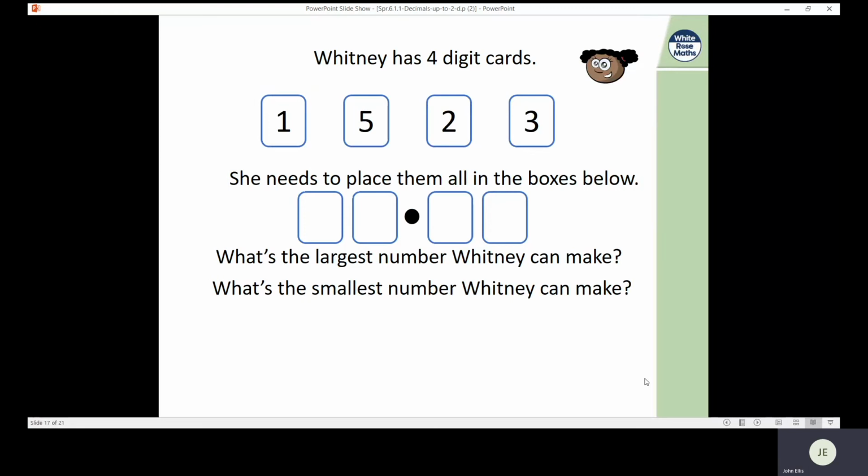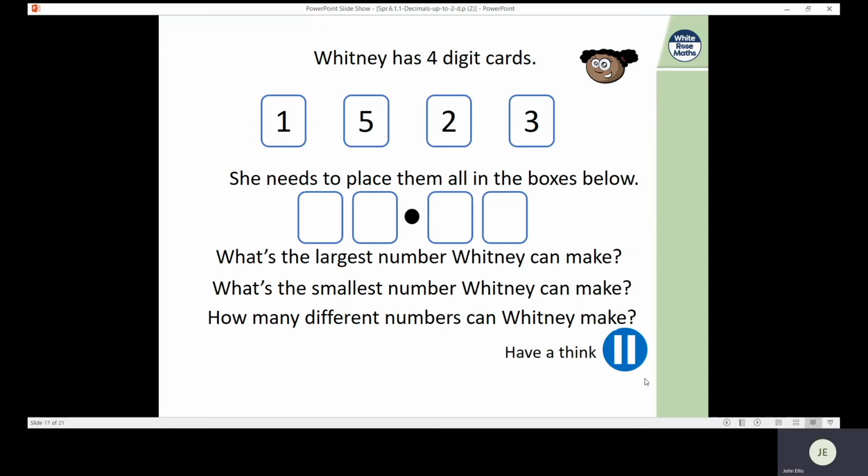What is the smallest number I can make? Okay. The savvier of you will have noticed, I might do the inverse. I'm going to pick the smallest number there, then the next smallest, then the next smallest. And then how many different numbers could Whitney make? Have a little go.